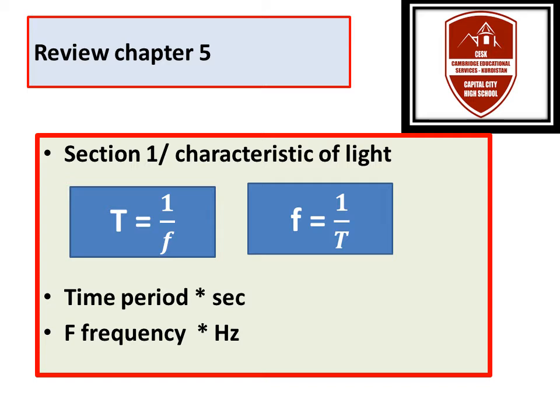F is frequency. So the inverse of frequency is time period. Frequency also equals 1 over T, the time period. Okay.